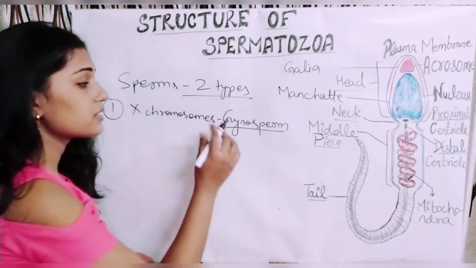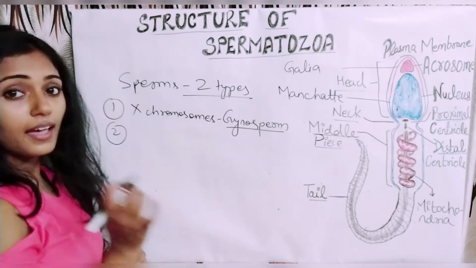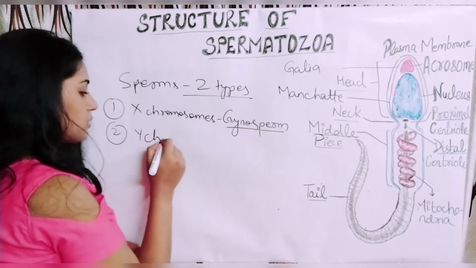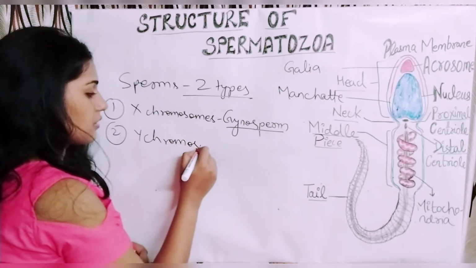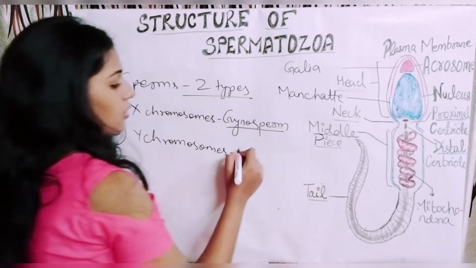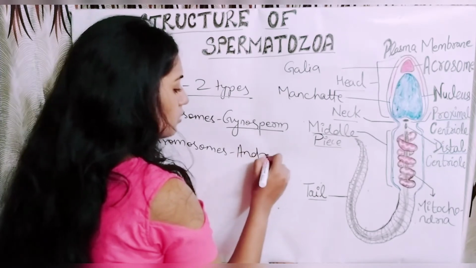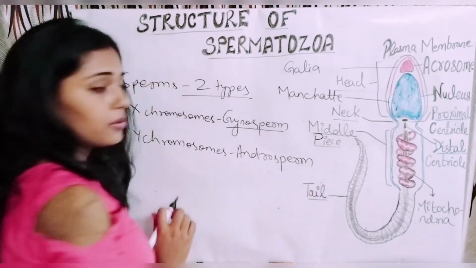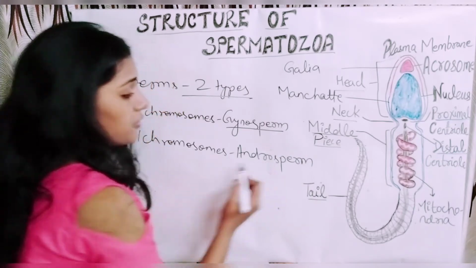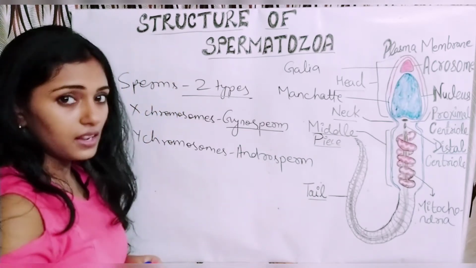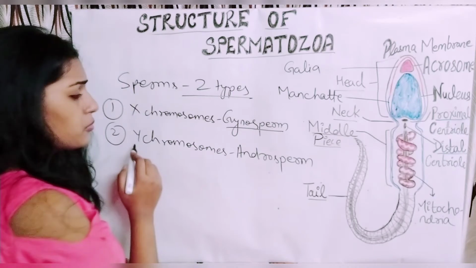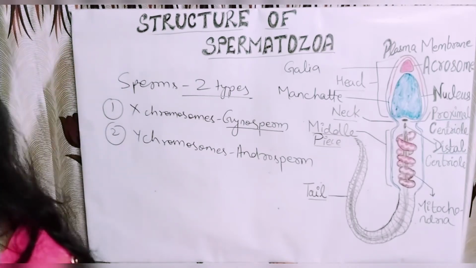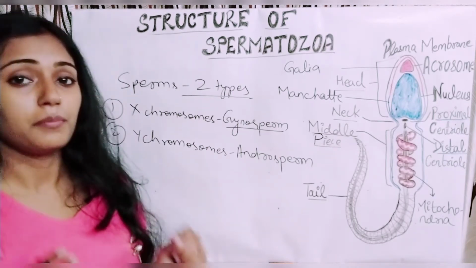And the Y chromosome containing sperms are called androsperm. Andro defines the male, and the Y chromosome is responsible for the male sex.